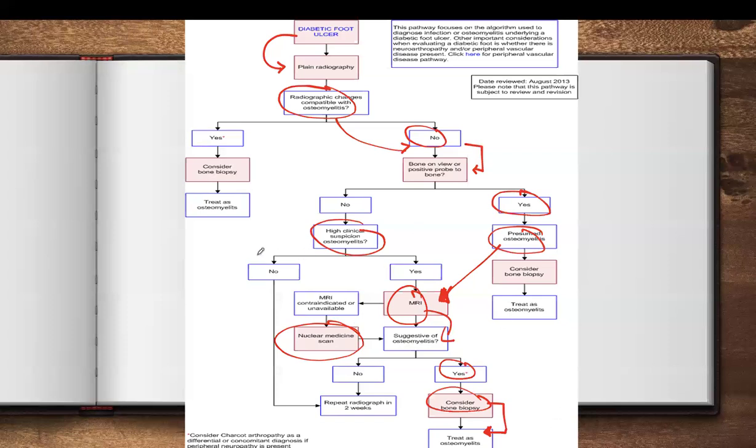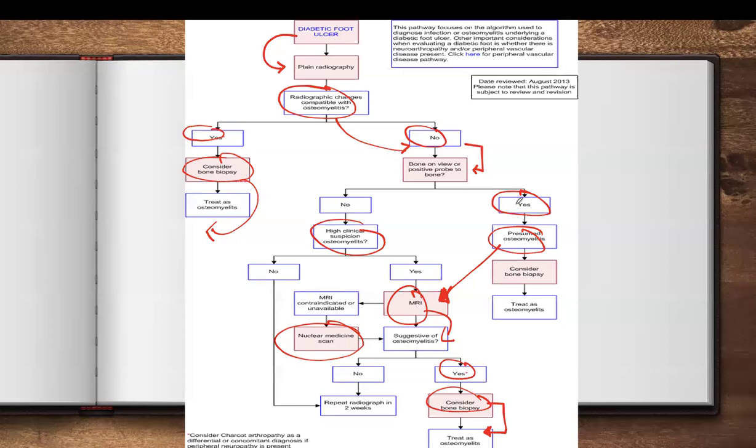All right, clear everyone? So there is a very important step-by-step management for a patient with diabetic foot ulcer. You do an X-ray. If the X-ray suggests osteomyelitis, then you can just go for a bone biopsy and treat as osteomyelitis. If the X-ray doesn't show any features of osteomyelitis, then you look at whether the bone is on view or bone to probe.